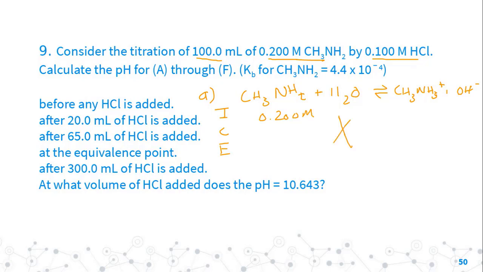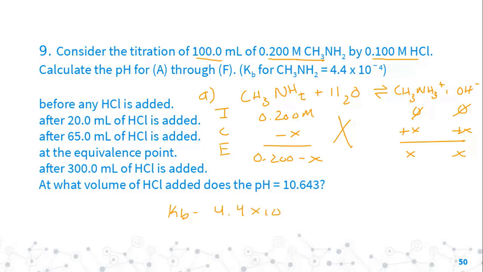We can ignore the water. 0, 0, plus x, plus x, minus x, x, x, 0.200 minus x. All right, and so let's set up an expression. So we have Kb equals 4.4 times 10 to the negative 4 equals x squared all over 0.200 minus x.